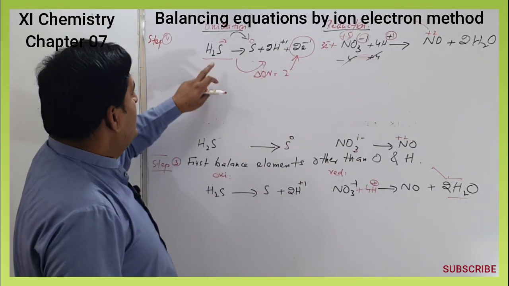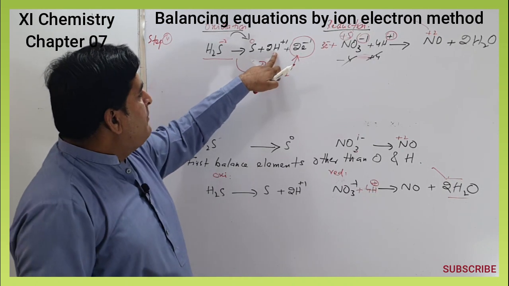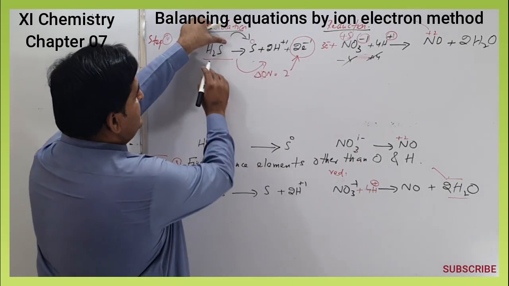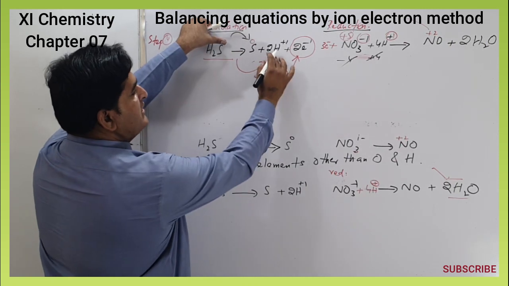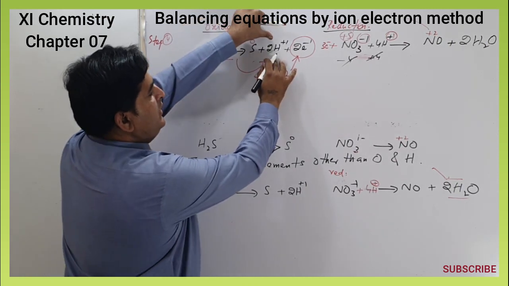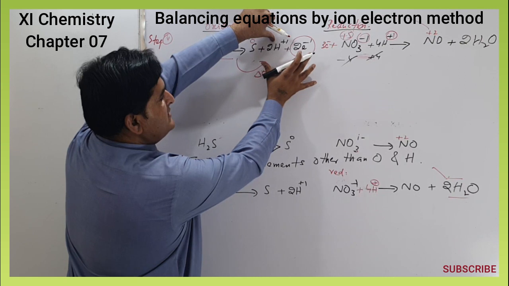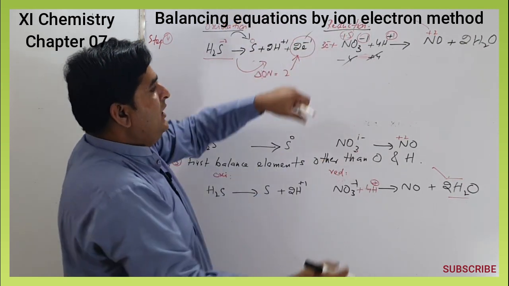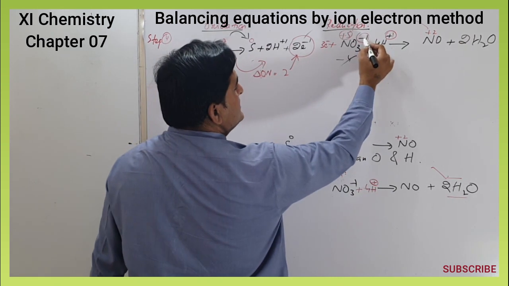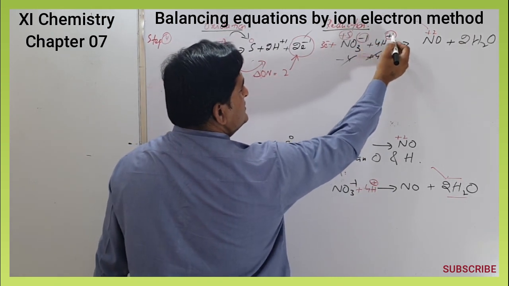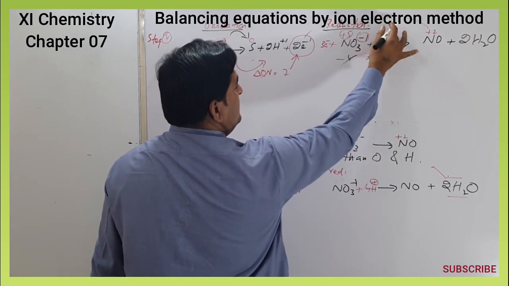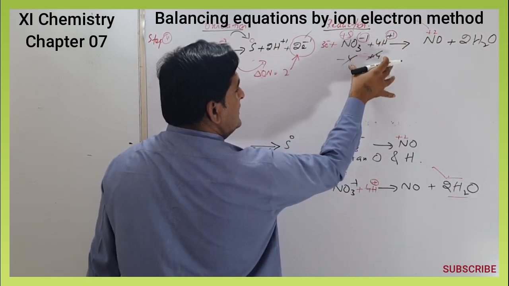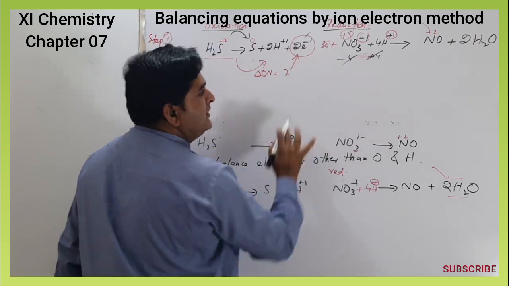Look here: there were 2 positive charges and no negative charges, while H2 has no charge. So the positive charges were in excess on the product side, and we added 2 electrons. Here there is a -1 charge on this ion and +4 on these 4 hydrogen ions, so the difference was +3. So +3 charges were in excess on the reactant side, and we add electrons on the reactant side.